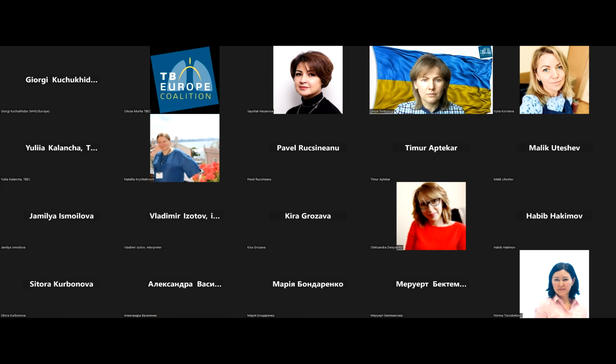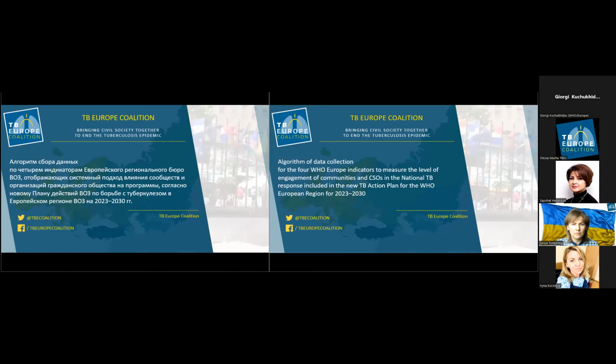It is a unified system for Ukraine on TB and HIV, because both infections impact each other, and for us, it is a possibility to improve coordination between two services.